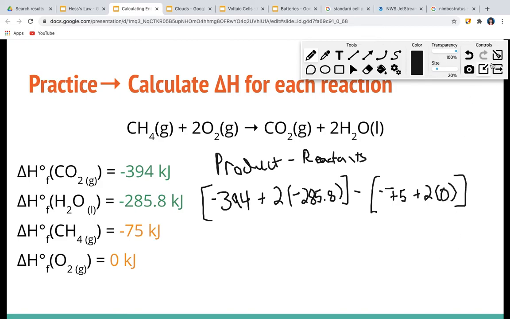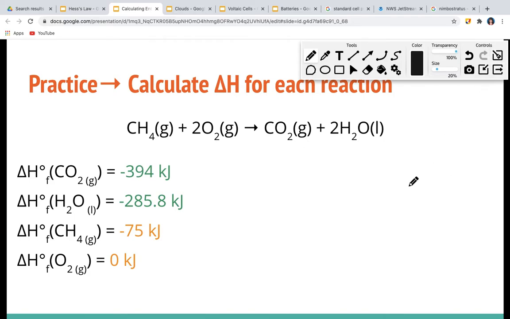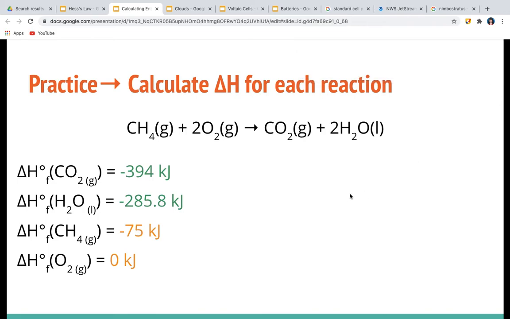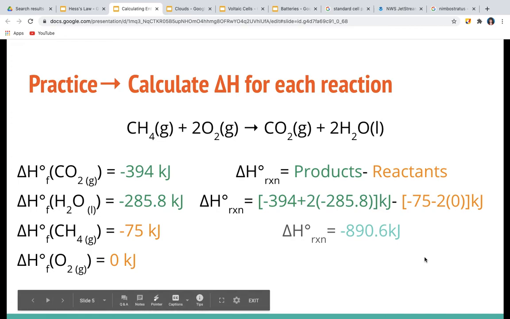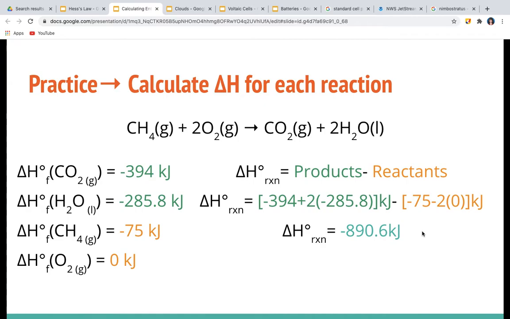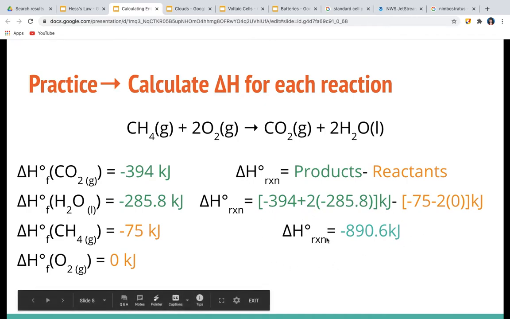Okay? So if I calculate that all out, I should end up with a negative 890.6 kilojoules. So that is my heat, or my enthalpy of my reaction. Okay? Make sure you include that label. It should always be in kilojoules.